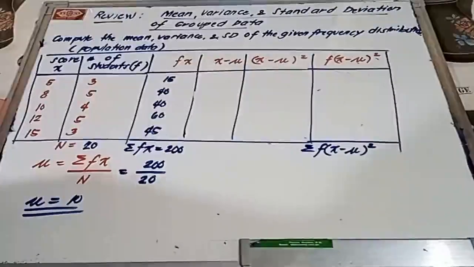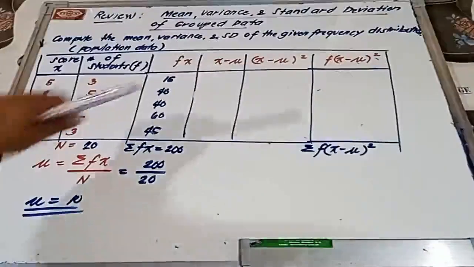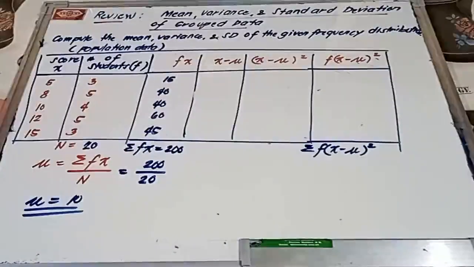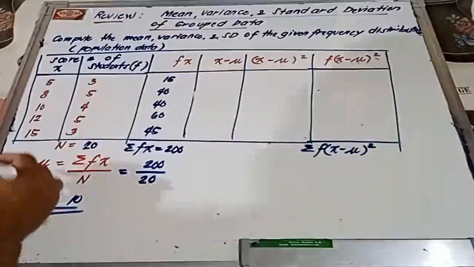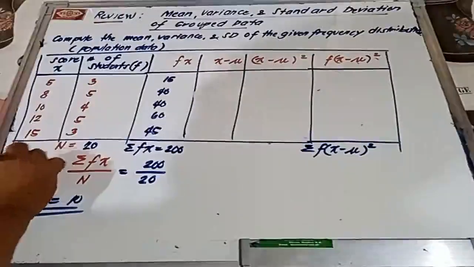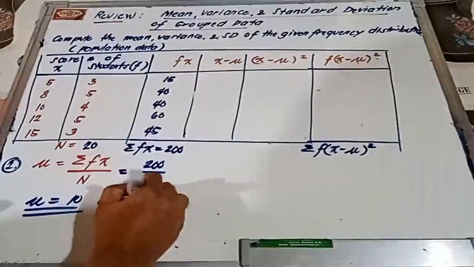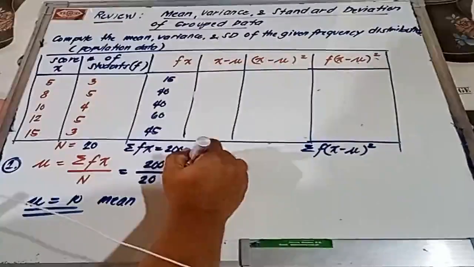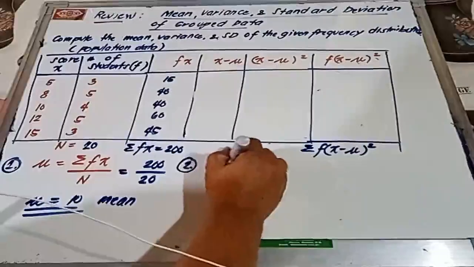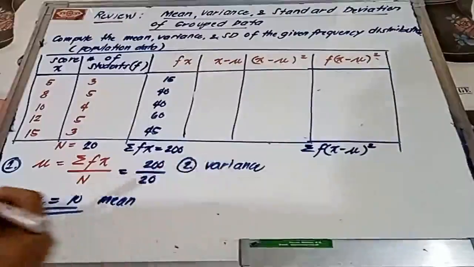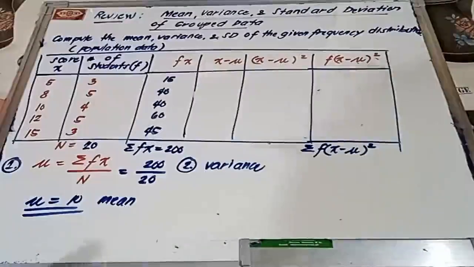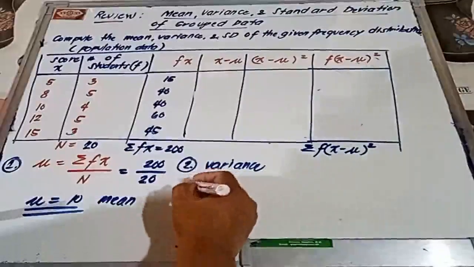Okay? Now, the next is we're going to determine the variance. Okay, nakuha na natin yung number 1, which is the mean. Ito yung mean natin. Then, number 2, kunin natin yung variance. Ang formula ng variance for the population data is this one.